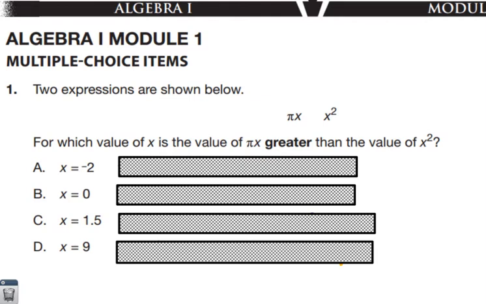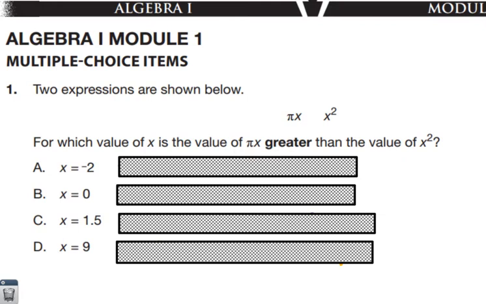Number 1, they show you a couple expressions and they ask for which value of x is the value of pi x. I hope you know that there should be a pi button on a lot of calculators, but pi is approximately equal to 3.14.